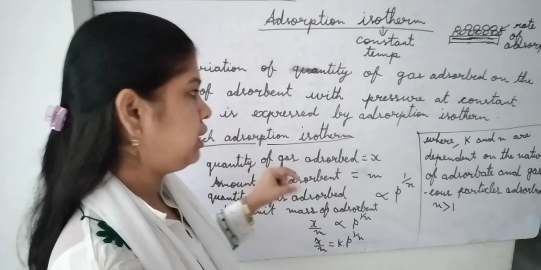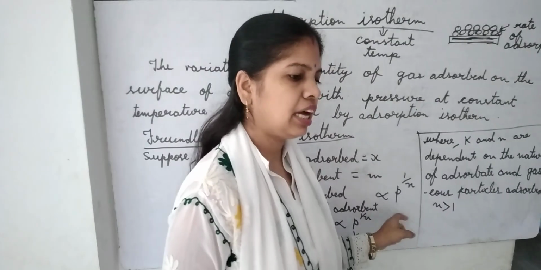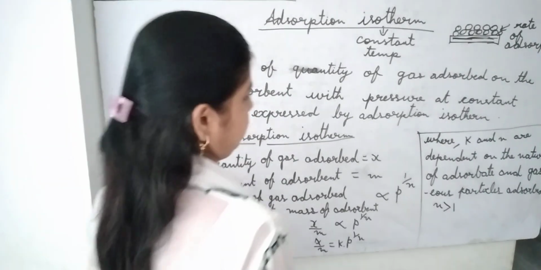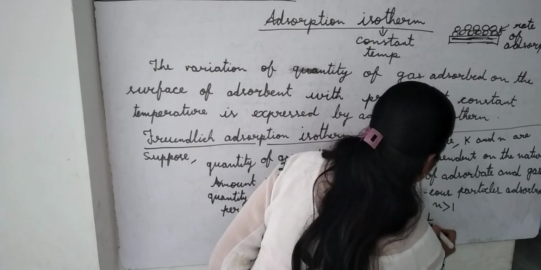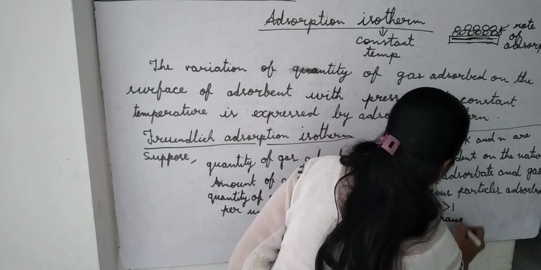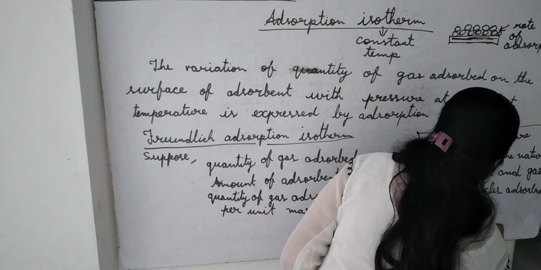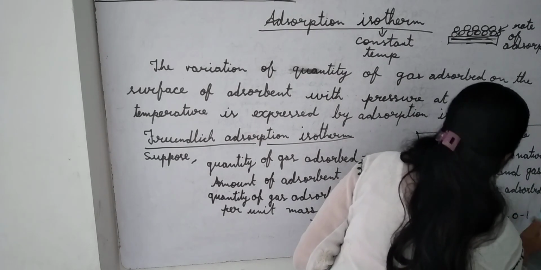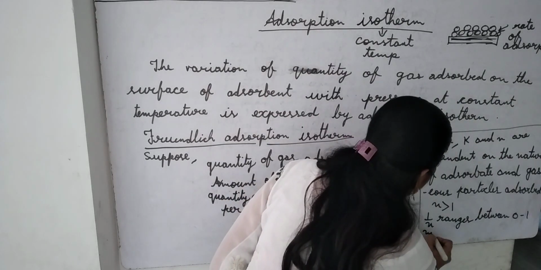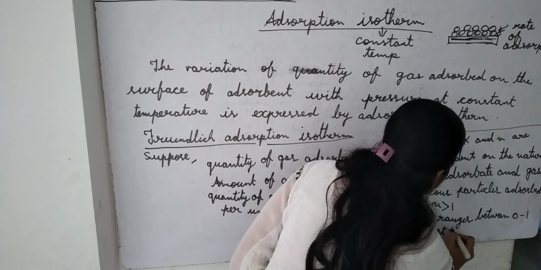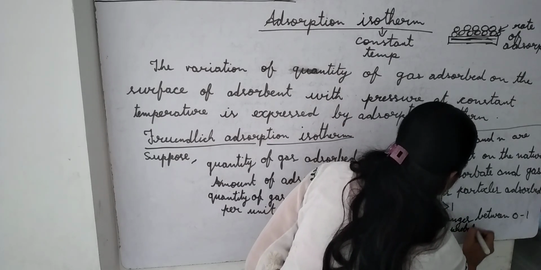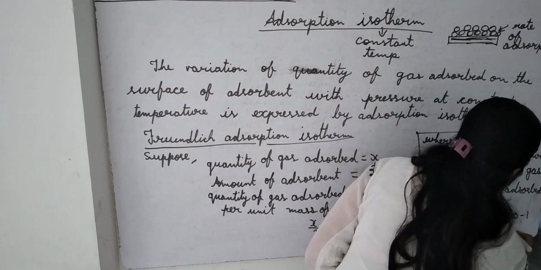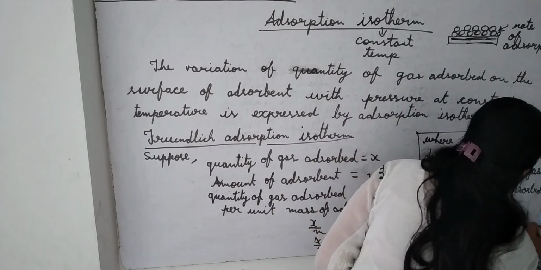And the value of 1 by n ranges between 0 to 1, and most probable value is 0.1 to 0.5.